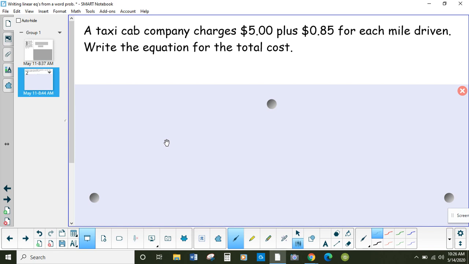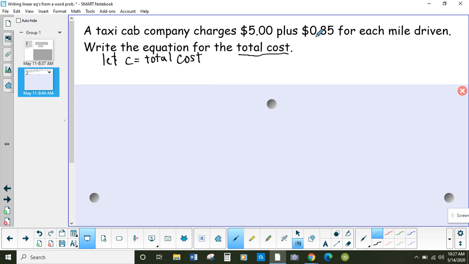So it looks like we don't know total cost because they say it in the question, right? So I'll let C equal total cost. Well, I'm having a hard time with this tablet today. Total cost. Okay.